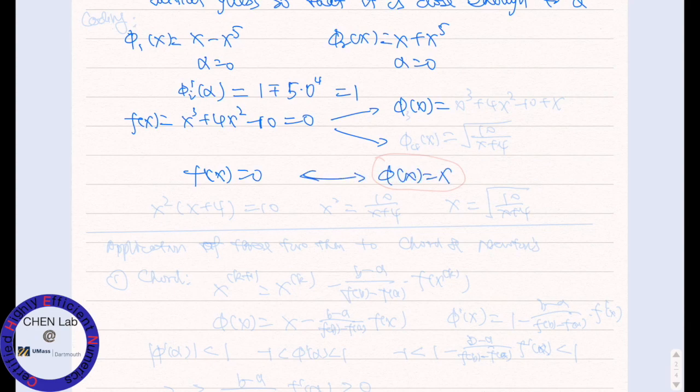We talked about it. So if you add x to both sides, you get one phi, maybe phi 3 is x cubed plus 4x squared minus 10 plus x. This is a little example for solving any f equal to 0. If you add x to both sides, you get a fixed point: f equal to 0, f plus x would equal x. So I just add x to my f. That could make one phi.